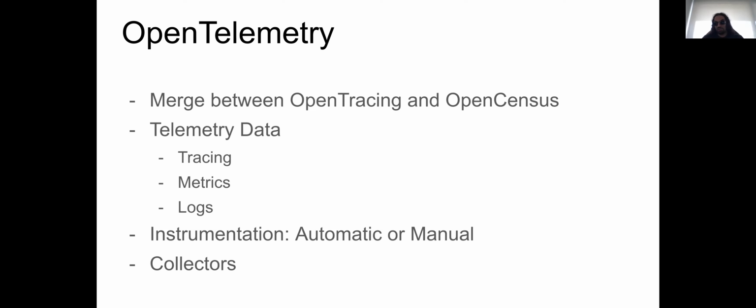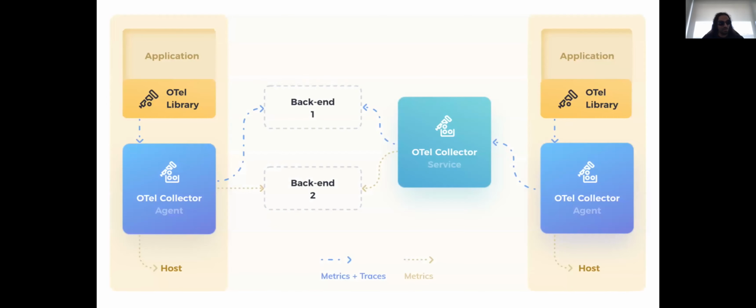The other thing we have is what we call the collectors. I talked a little bit about the collectors, but let's look in more detail. The idea here is you have an application that has the OpenTelemetry library. It's going to generate all these spans, and from time to time, depending on how you configure it, all this information is going to get pushed to what we call the OpenTelemetry collector.